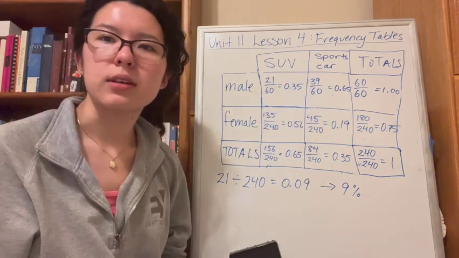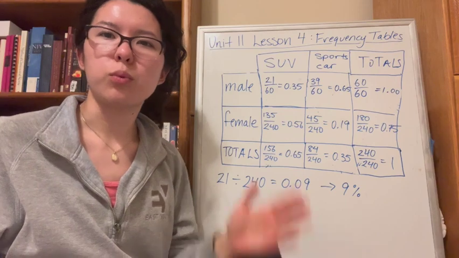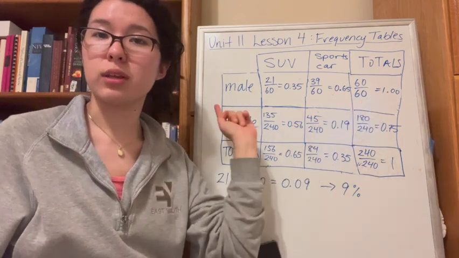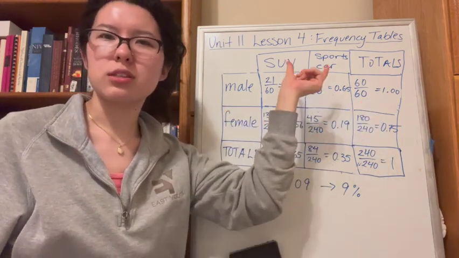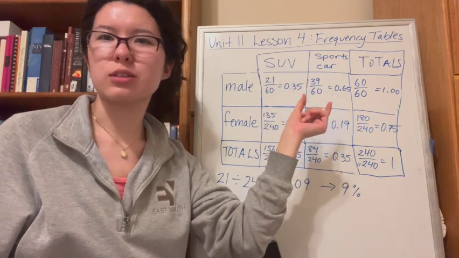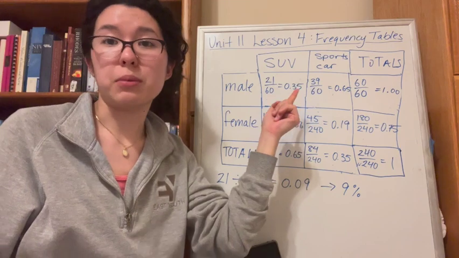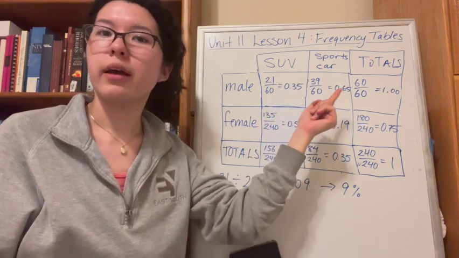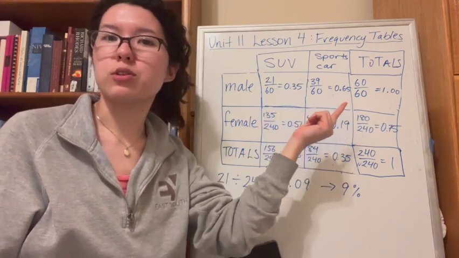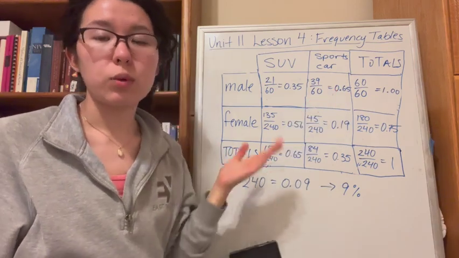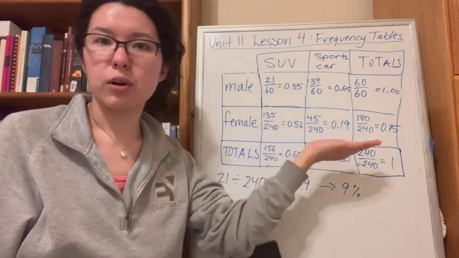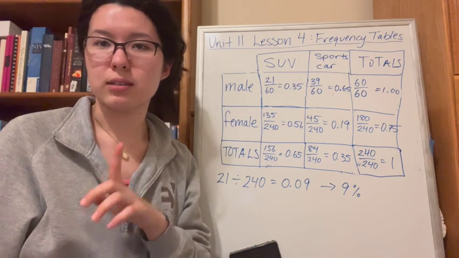What this does for us is it gives us an idea of within this category, within this variable, how was the other set of variables split? So we can say, okay, 35% of the male responders wanted SUVs, and 65% of the male responders wanted sports cars.